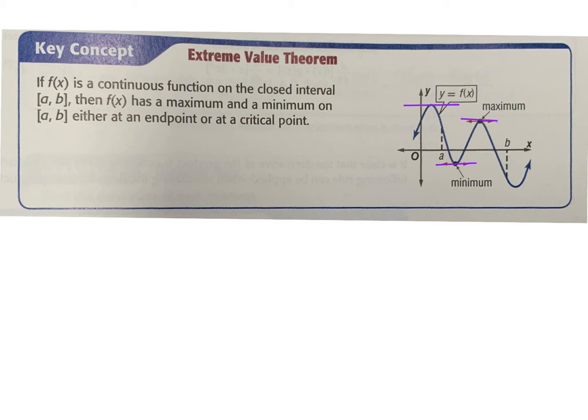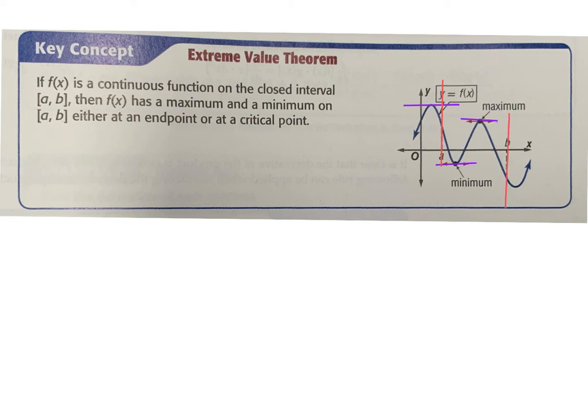When your first derivative equals 0, it is called a critical point or a critical value. All right? So let's say I were to take this particular graph and I want to just look at it from a to b.